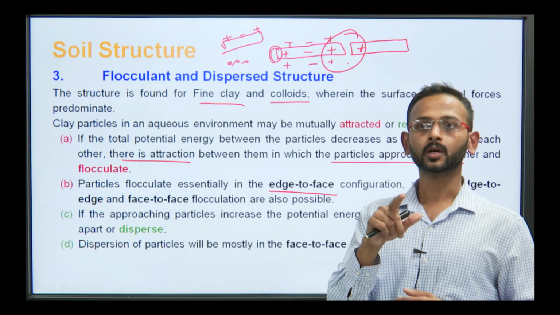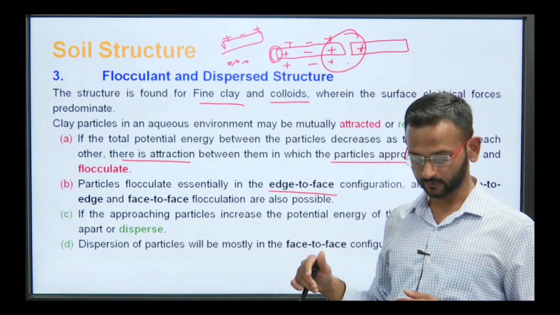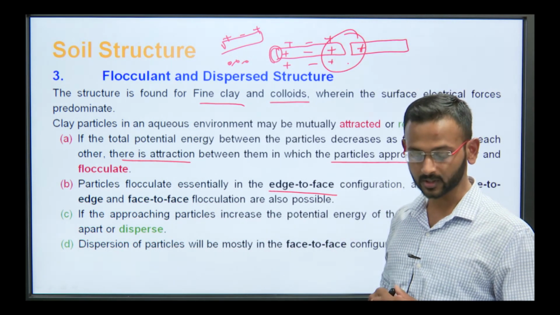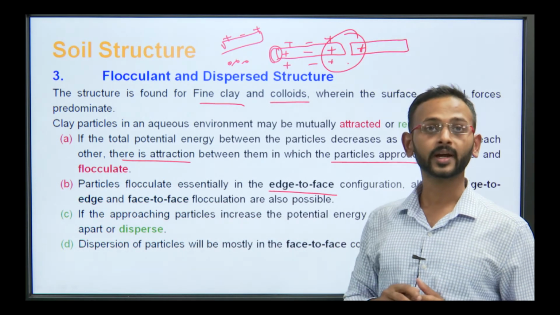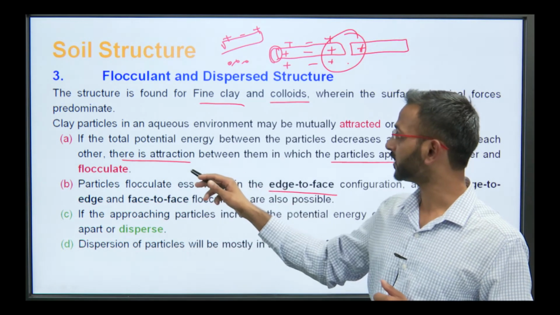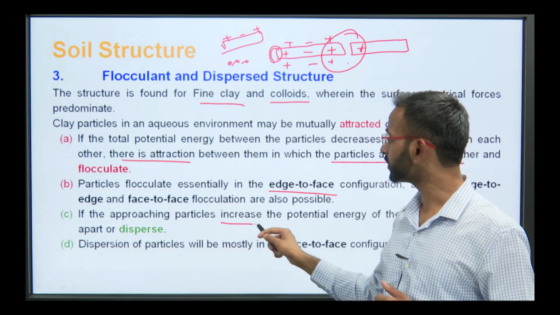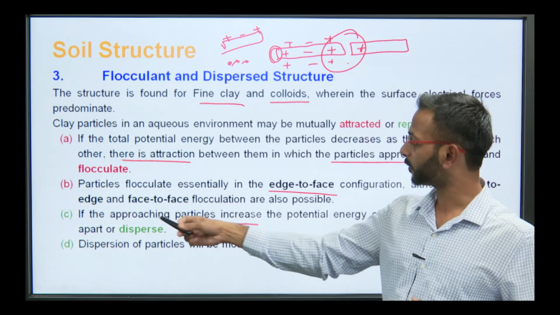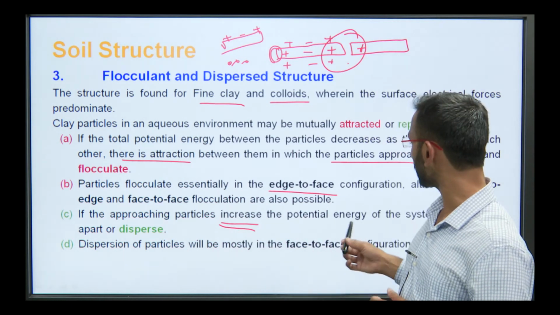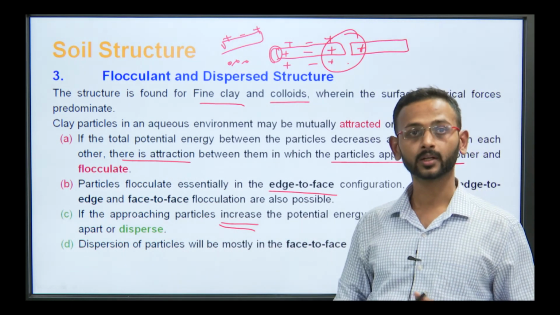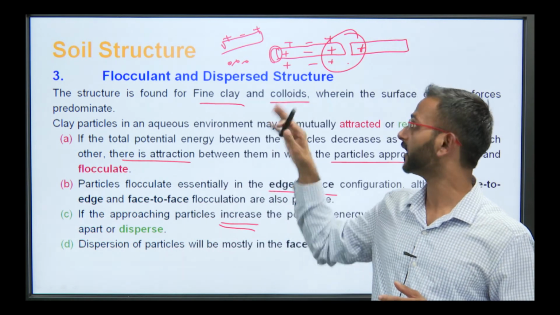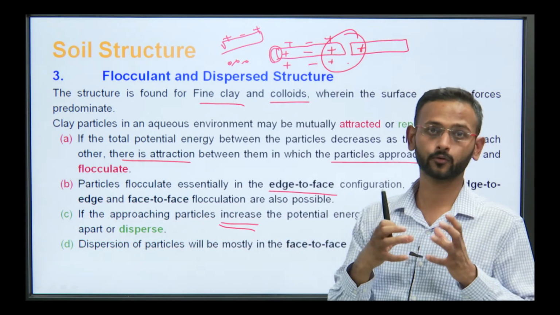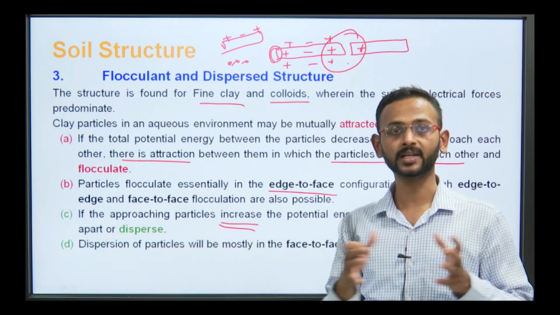Secondly, the dispersed structure gets formed if the approaching particles increase the potential energy of the system, then they will move apart. Like I told you, if they are of the same charge, they will be highly unstable.